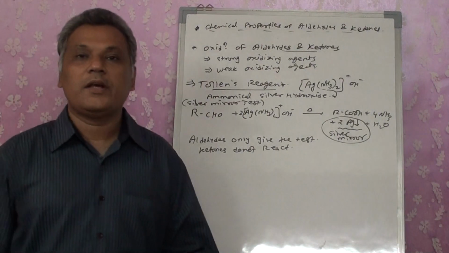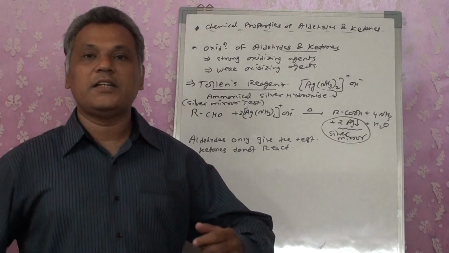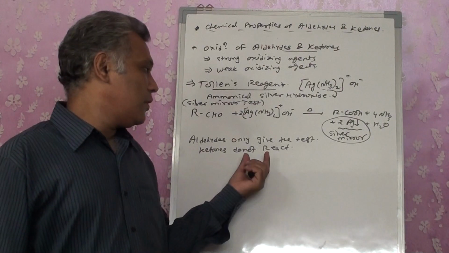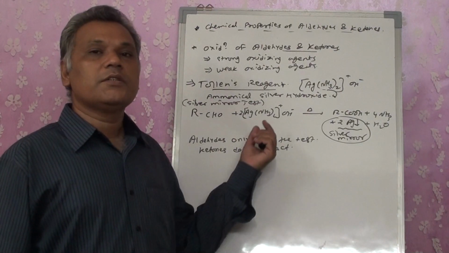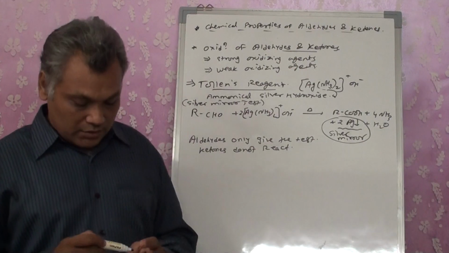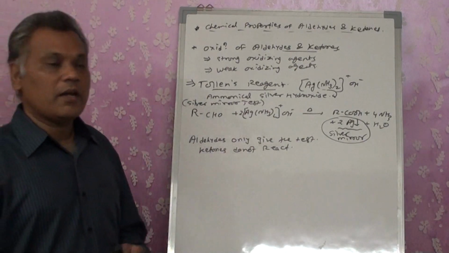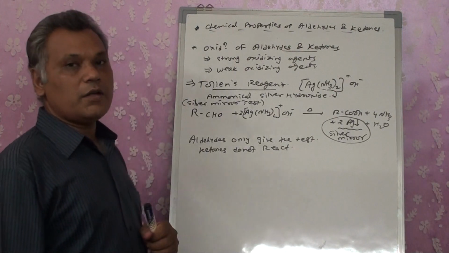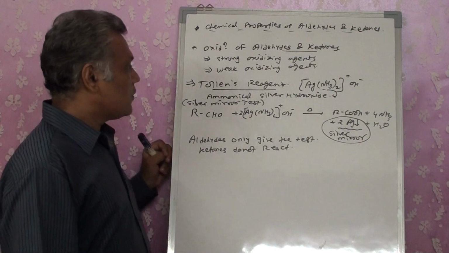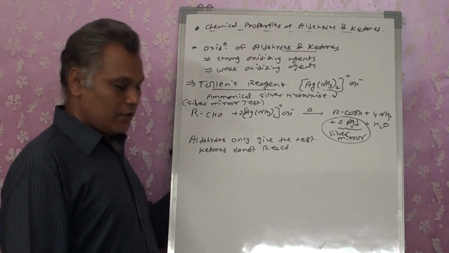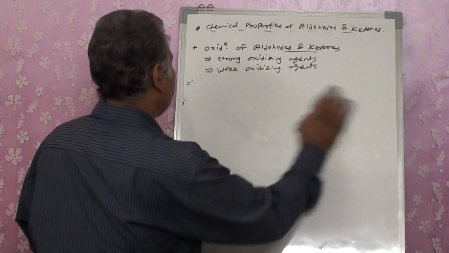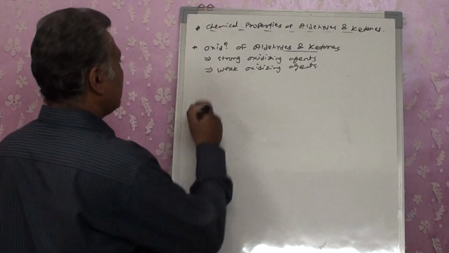A question can be: how can you distinguish acetaldehyde from acetone? It's very simple. Acetone does not give the test. Aldehyde gives the test, and therefore we can identify whether the compound is an aldehyde or a ketone. That is Tollens reagent, the one we did. The second one we are having.